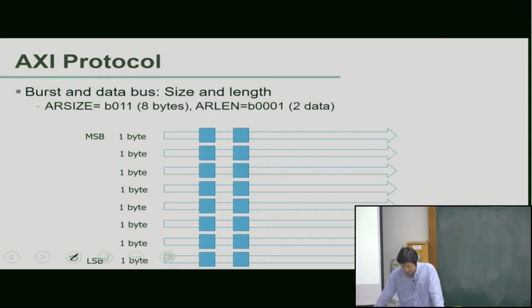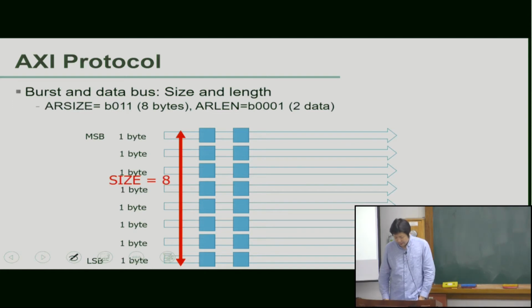So in this case, we receive 16 bytes total because the burst size is 8 bytes and the burst length is 2. So 8 by 2 is 16 bytes. Okay, so size is 8 and length is 2. So the total number of bytes for this transaction is 16.